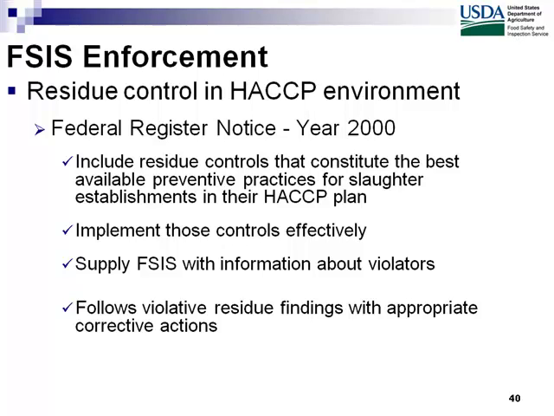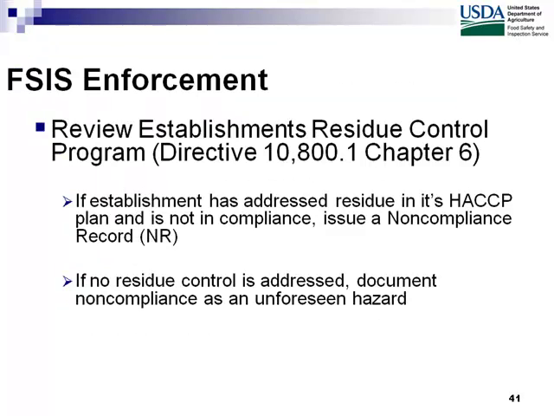They supply FSIS with the producer information when we ask for it, which means that they have to collect it at the time they receive the animals, and if, in the event that they do have a violative residue, that they immediately implement corrective actions, then they will not receive noncompliance reports. But when they do not have a HACCP plan that's in compliance, then that's whenever the enforcement actions will take place. And that's what this slide is basically saying here.